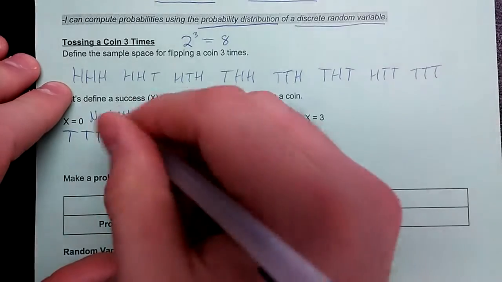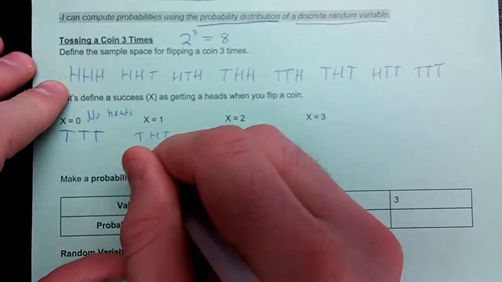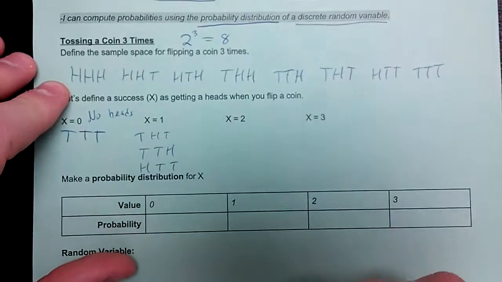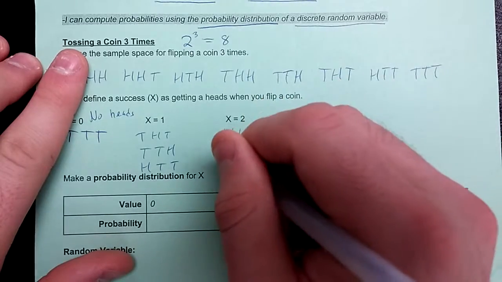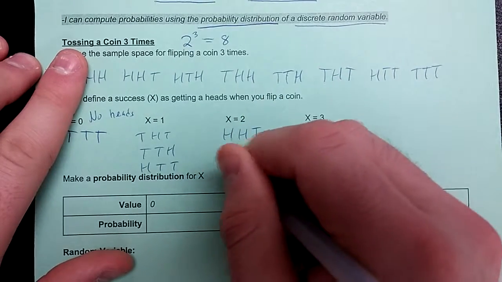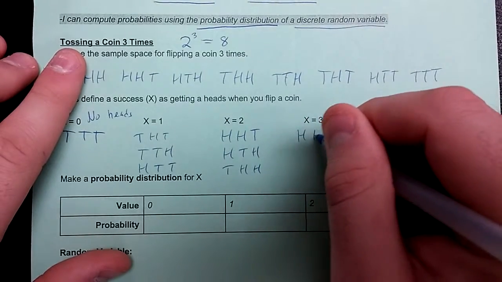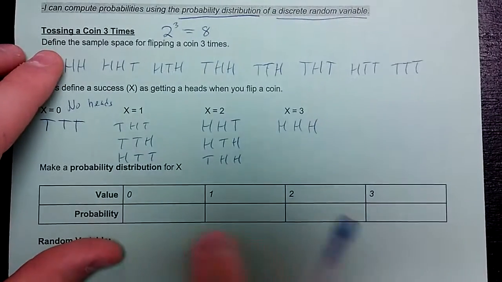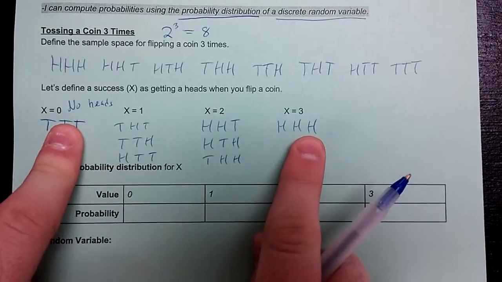Well, there's tails, heads, tails; tails, tails, heads; and heads, tails, tails. 1 heads, there's 3 of those. X equals 2: heads, heads, tails; heads, tails, heads; and tails, heads, heads. And X equals 3, there's heads, heads, heads. Still a total of 8, but these 2 have 3 outcomes, and these only have 1 each.